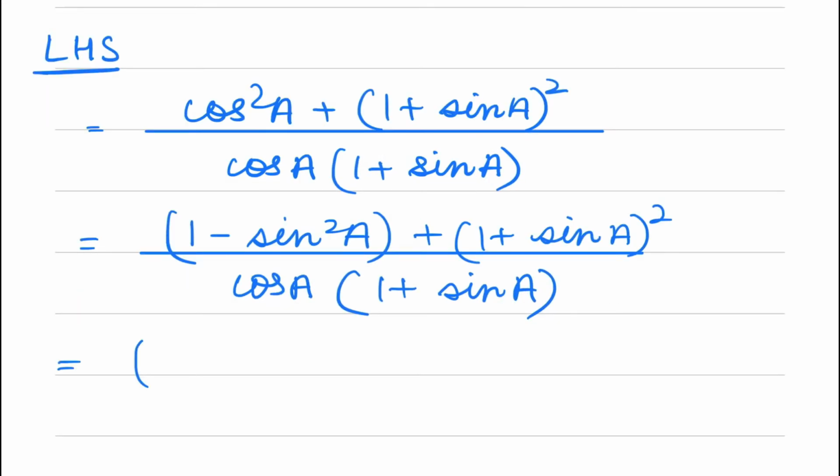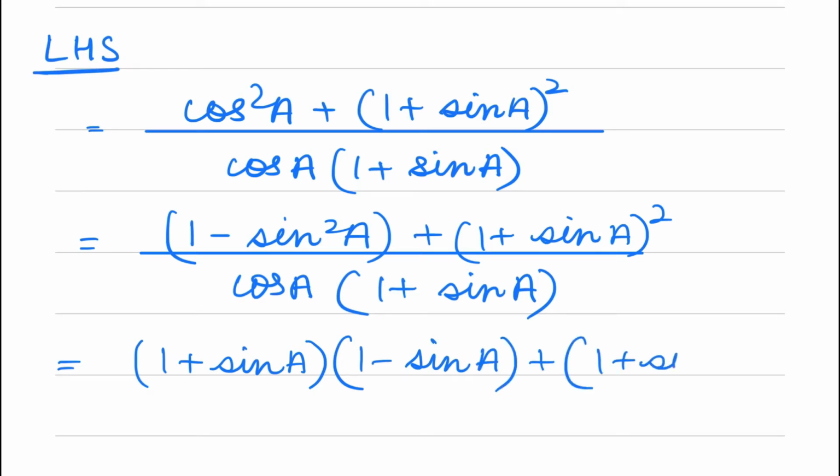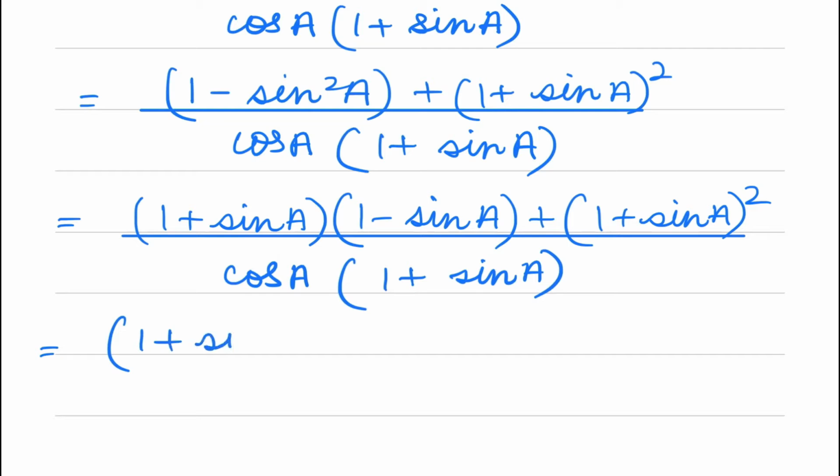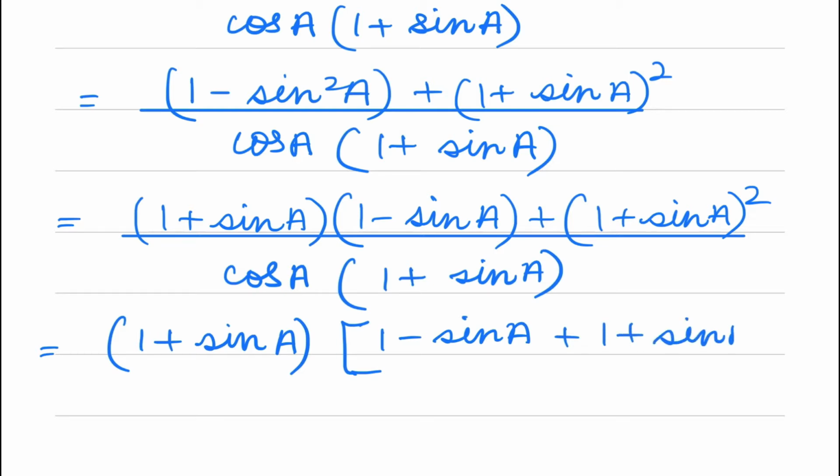1 minus sin square A is equal to (1 plus sin A) into (1 minus sin A), plus (1 plus sin A) whole square, divided by cos A into (1 plus sin A). Now I can take (1 plus sin A) common from both the terms, and I will be left with (1 minus sin A plus 1 plus sin A).